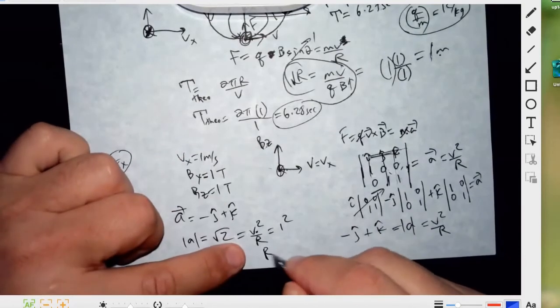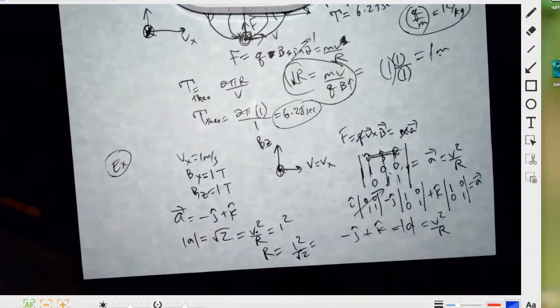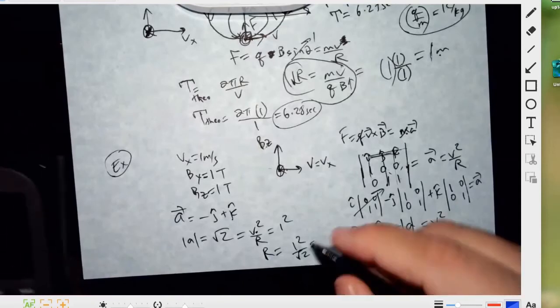And then the radius is going to be 1 squared over square root of 2. Oh, nice problem. 1 divided by root 2, 0.707.